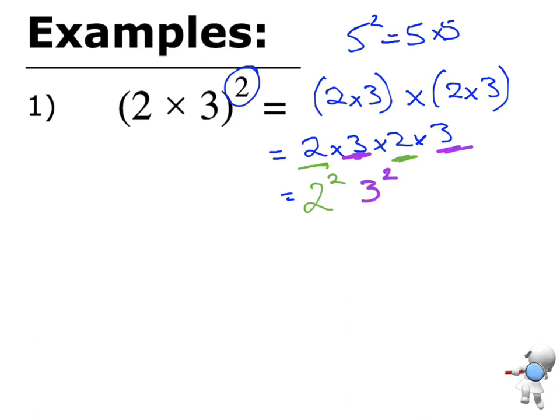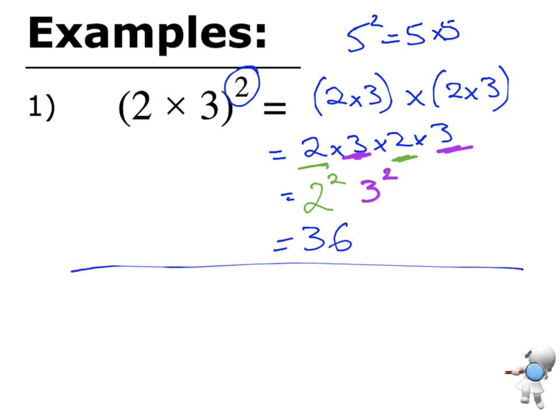So I could write my answer in this index form, or I could just work out the number. 2 times 3 is 6, 6 times 2 is 12, 12 times 3 is 36. Okay, so that's one way that I could have done it.